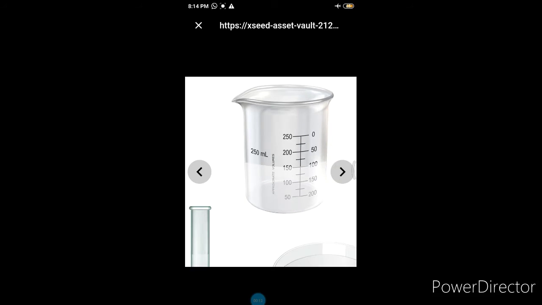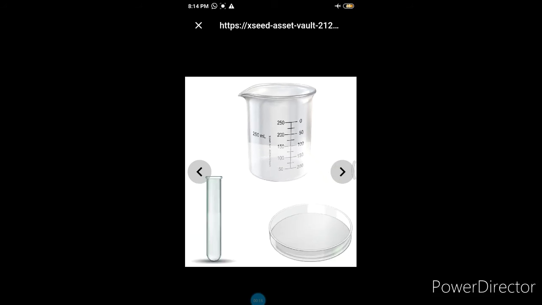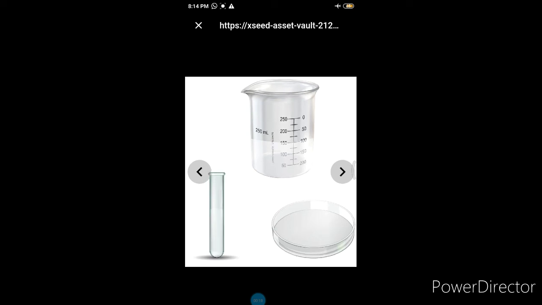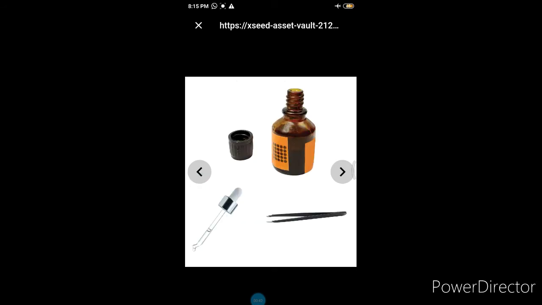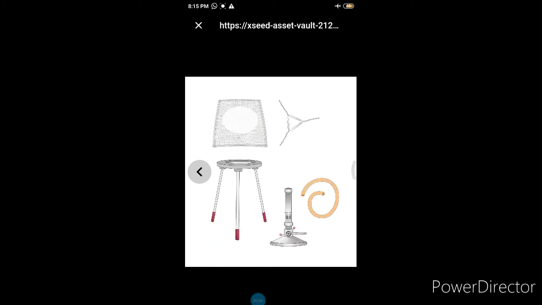Boil the leaf in hot water, and then remove the leaf and keep it in this test tube, which is filled with alcohol. You take half of the test tube of alcohol and dip the leaf, removed from the hot water, into this test tube.